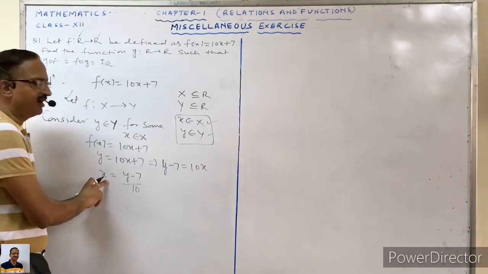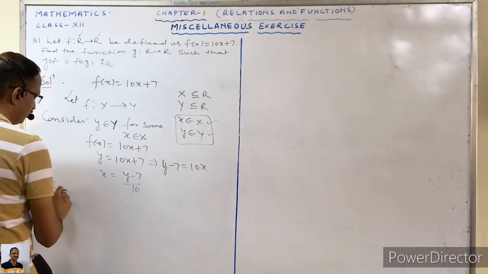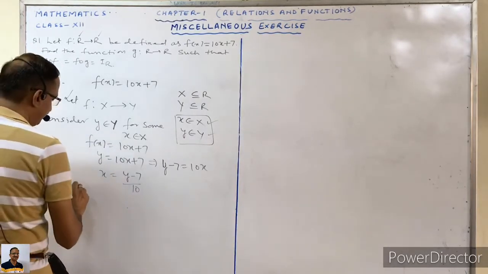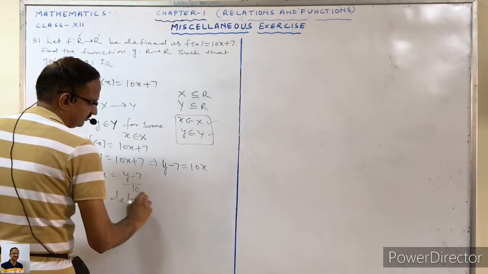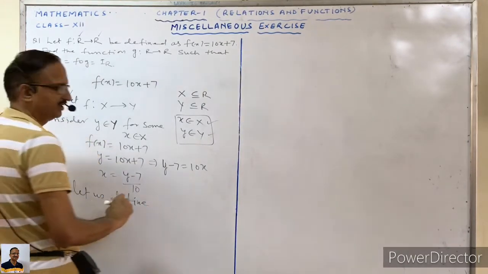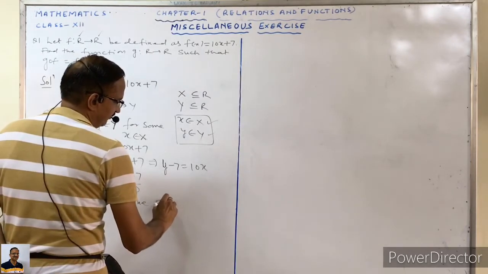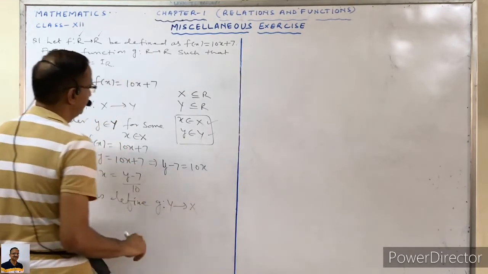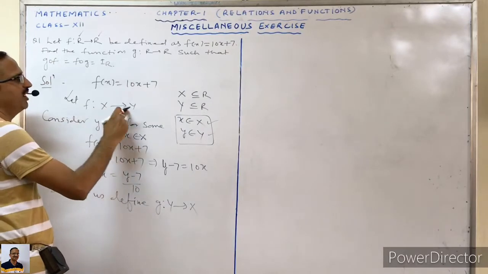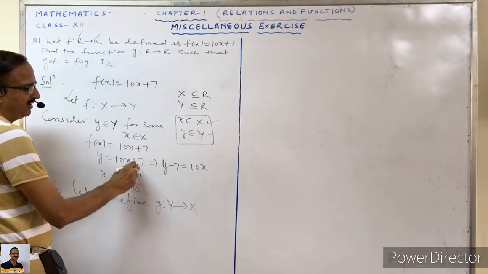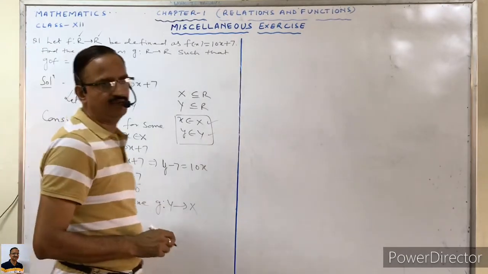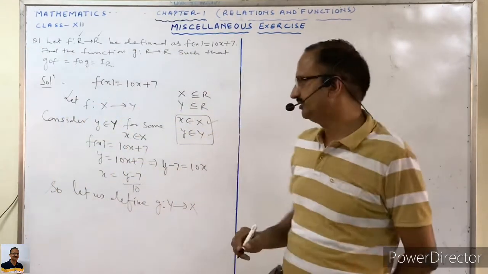This is gy. So let us define a function g from y to x. F is a function from x to y. Now this is the function having y on the right hand side, meaning y is the dependent variable.